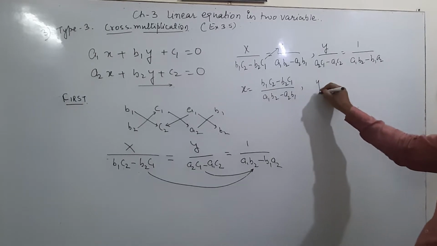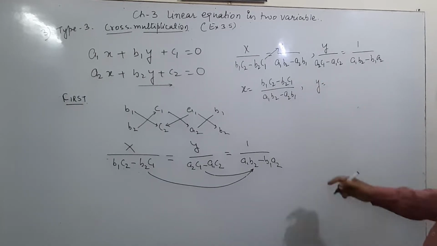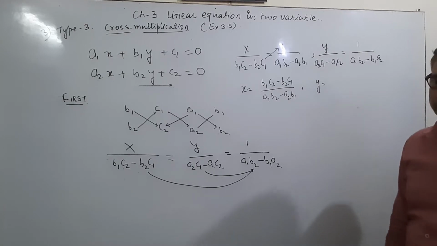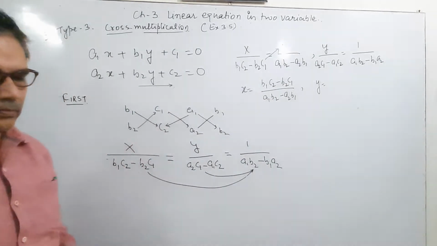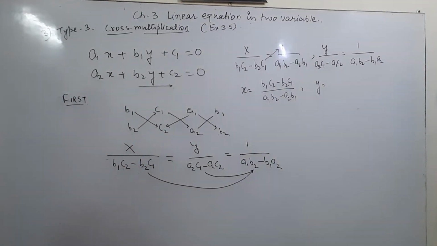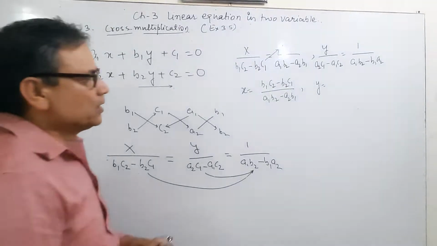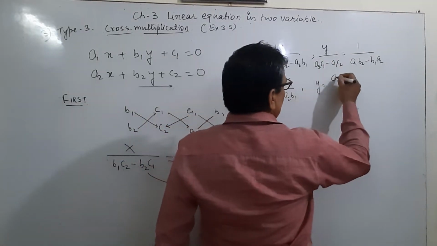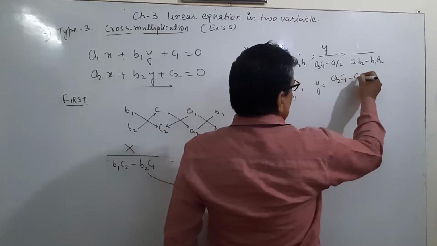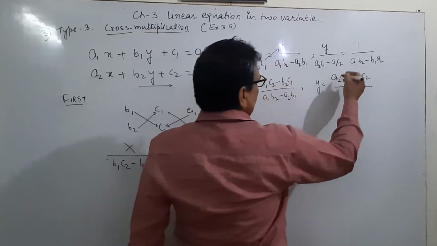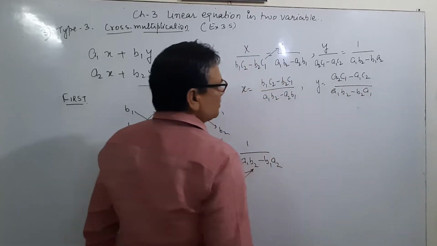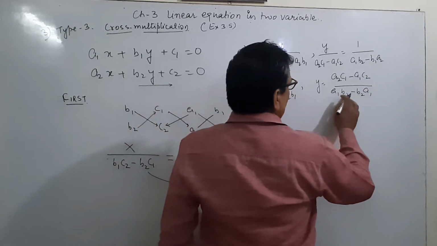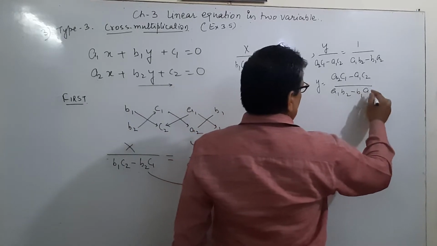And now y equal to, now you tell me, y equal to, tell me. This will multiply to this one, means a2 c1 minus a1 c2 upon here is a1 b2 minus b1 a2.